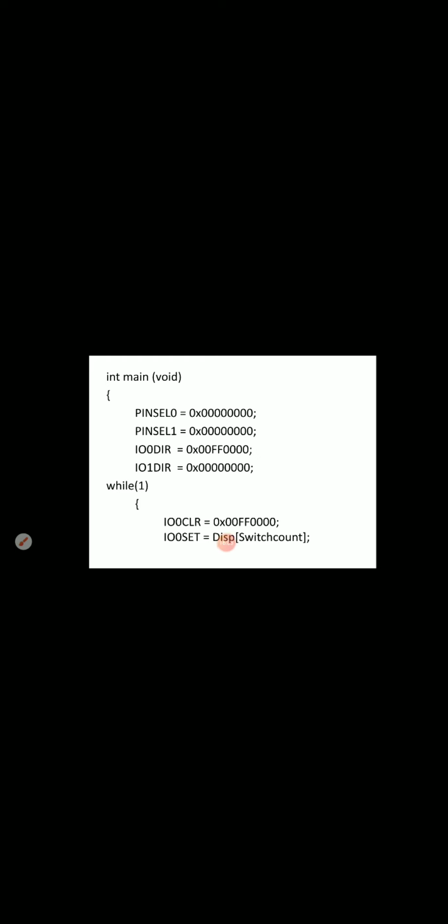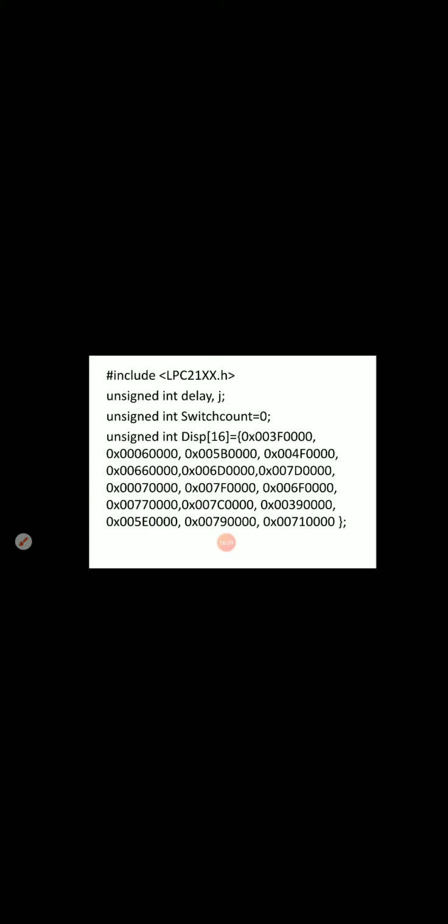Similarly, since we are configuring the 4th and 5th digits, here also we are going to configure the 4th and 5th digits only. You can see here, this is the 4th digit and 5th digit.